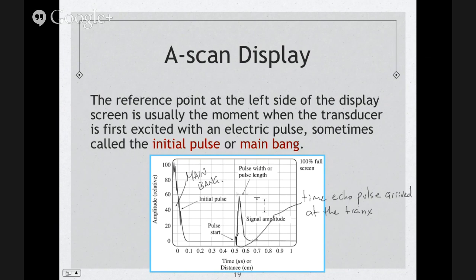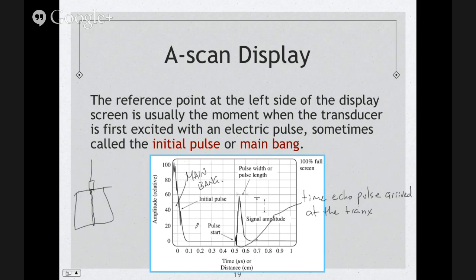So this is when it went through the material. This over here is going to be the interface again when it comes and meets the transducer.